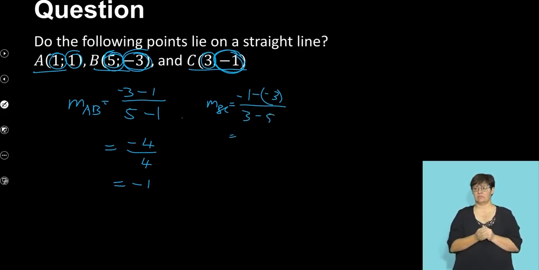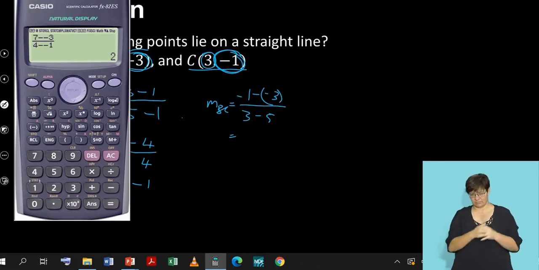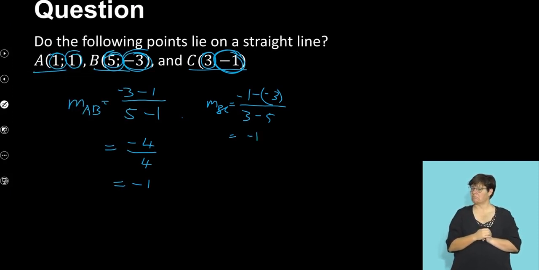Let's actually do that on our calculators, make sure that we get that right. So I'm going to go minus 1 minus 3. And at the bottom, I'm going to go 3 minus 5. And what do I get? I get a gradient that is also equal to minus 1.